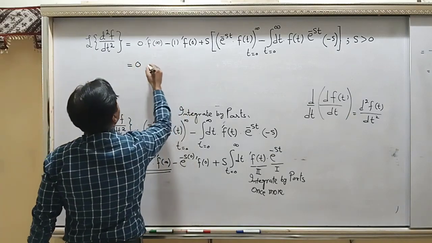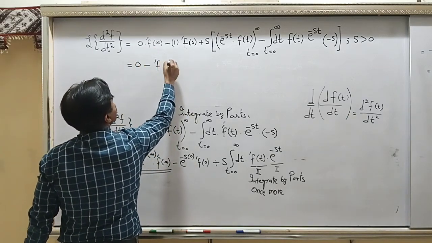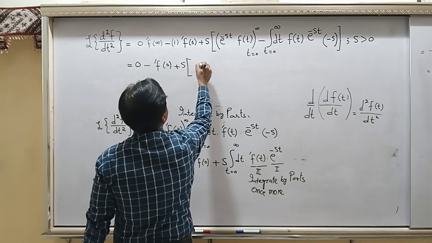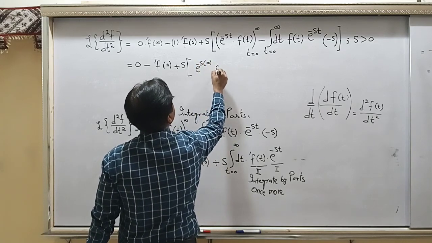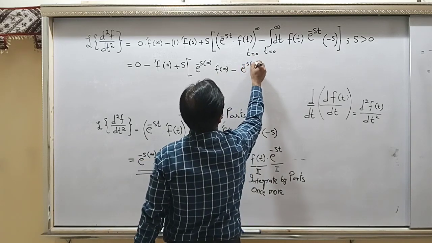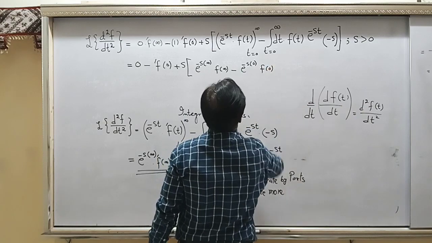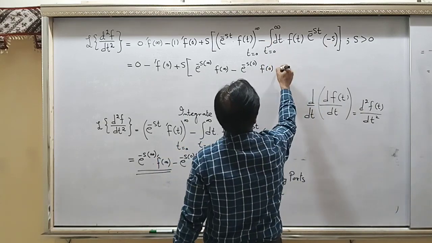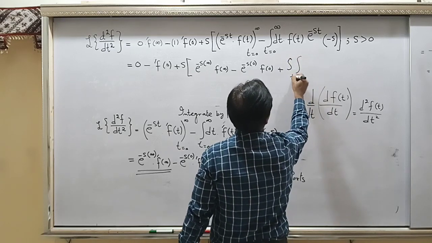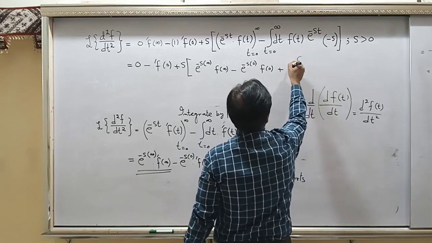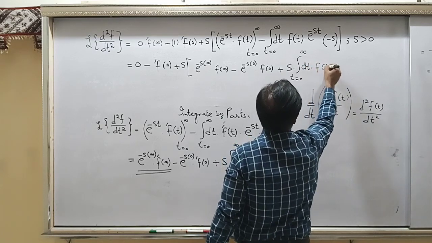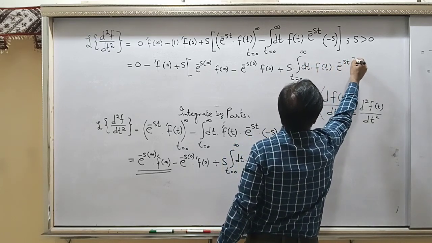So this is 0 minus f prime 0 plus s, and here use the limit again: e to the power minus s into infinity into f infinity, minus the lower limit e to the power minus s into 0 into f of 0, and this minus minus makes plus s into the integral from 0 to infinity dt f(t) into e to the power minus st.